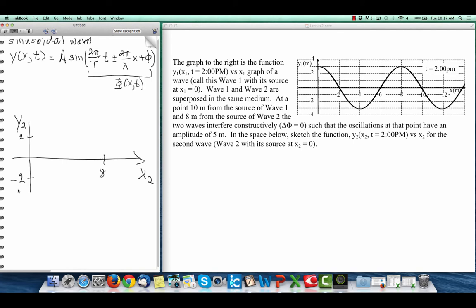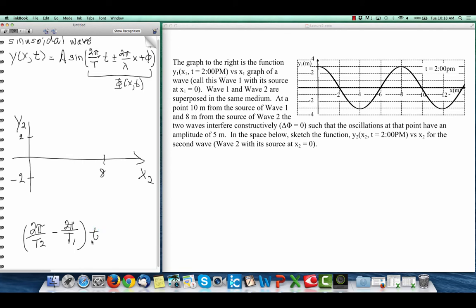So do they have to have the same wavelength? Well, what it says is that the two waves interfere constructively. So delta phi is equal to 0. If they have different wavelengths, they have different periods, right? Suppose they had different periods.